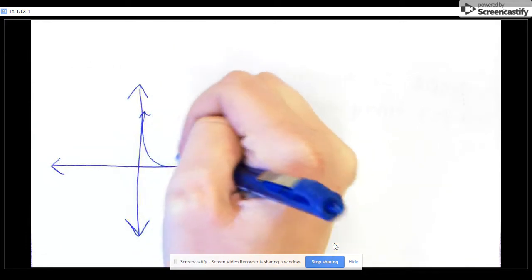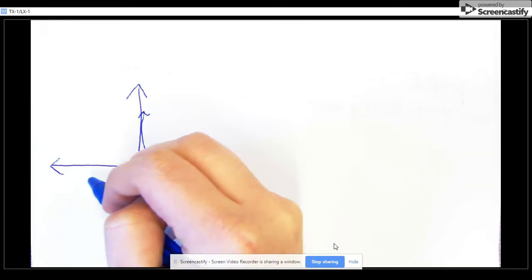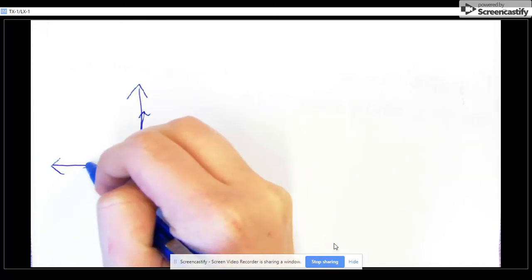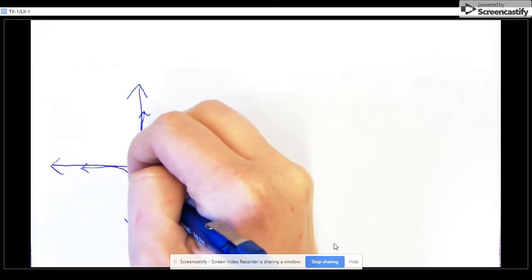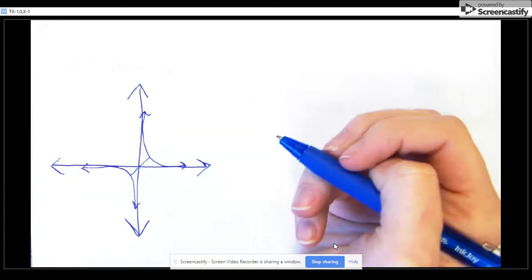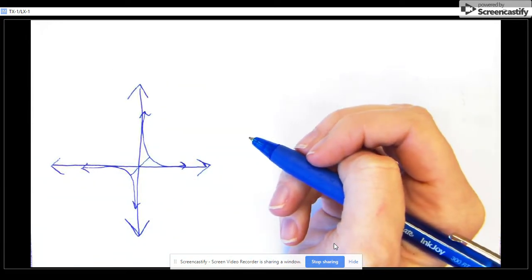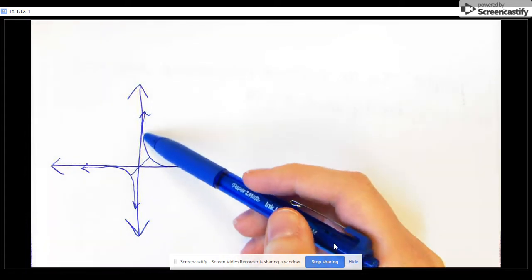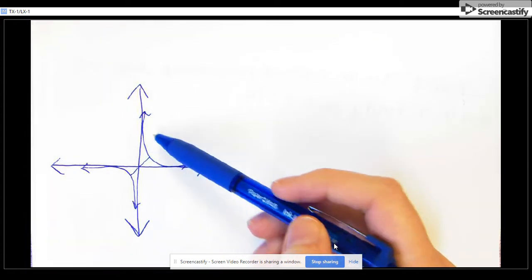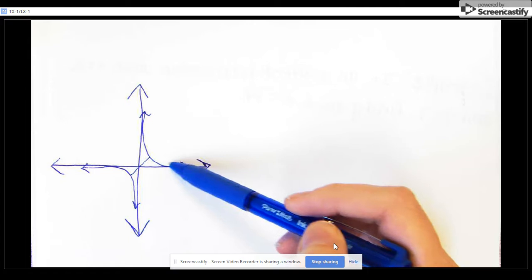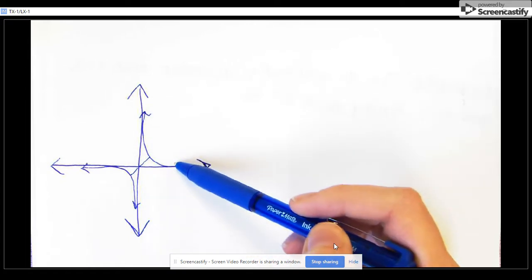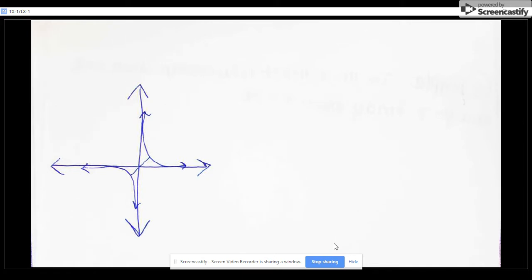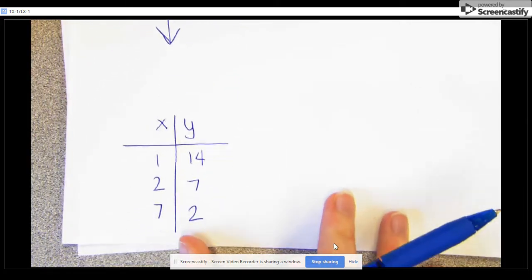Not only do you have one right here in your positives, but you also have it in the negatives, and the distance from here to here and here to here are going to be the same. So what we're going to find out with our equation is where on these parabolas our points are going to be. Let's take a look at our lovely chart.